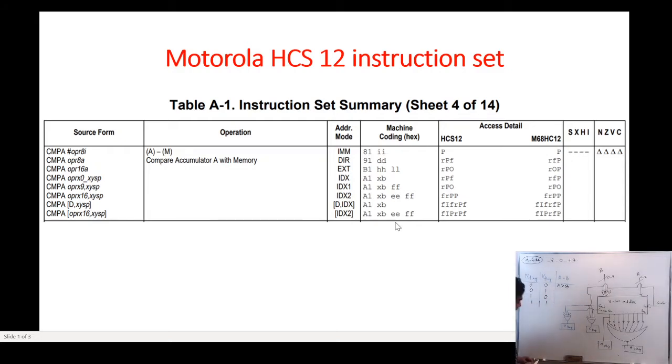What about the second case, where I have the N flag as 0? That means the answer that I got is a positive answer. However, my V flag is set. What does that indicate? My N flag is 0, but my V flag is set. That means even though the answer looks like a positive answer, it's really a negative answer because I have the overflow.